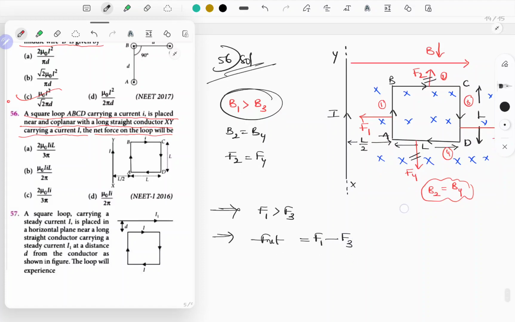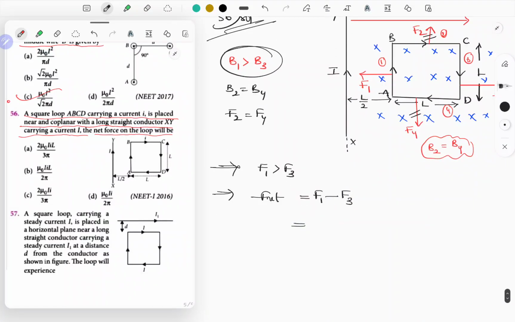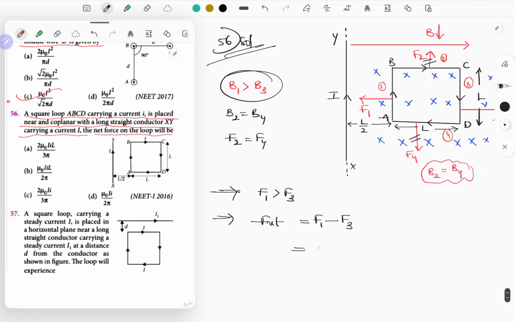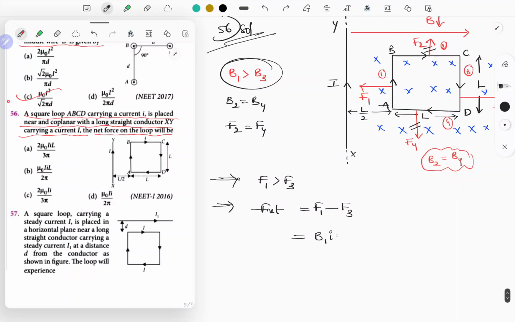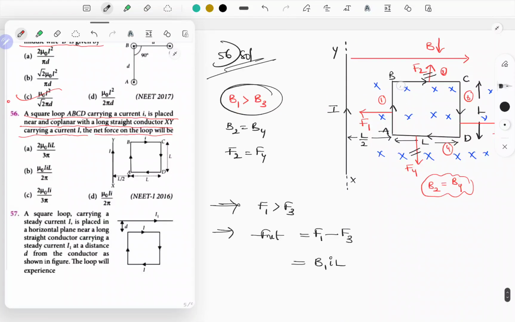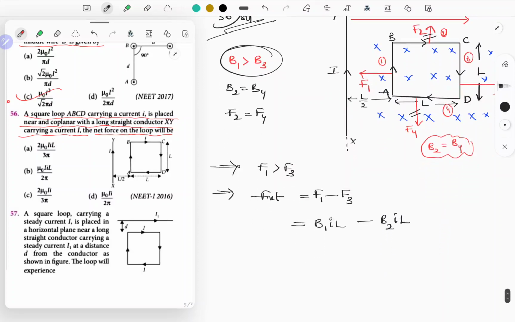F1 is the force acting on a current carrying conductor, with formula B1 into I into L, where L is the length of that conductor, which is capital L, the side of the loop I have to consider. Next, minus B3 into I into L. As I into L is common, it comes outside.